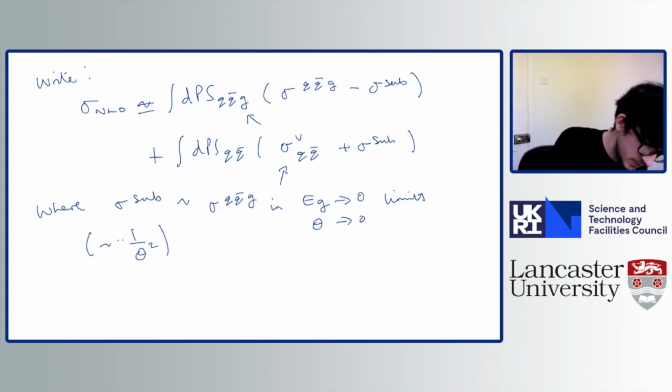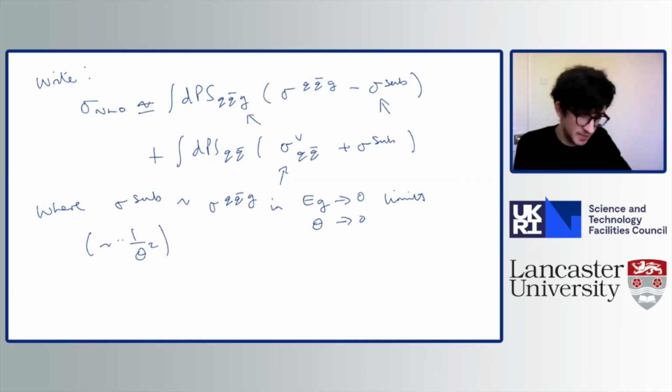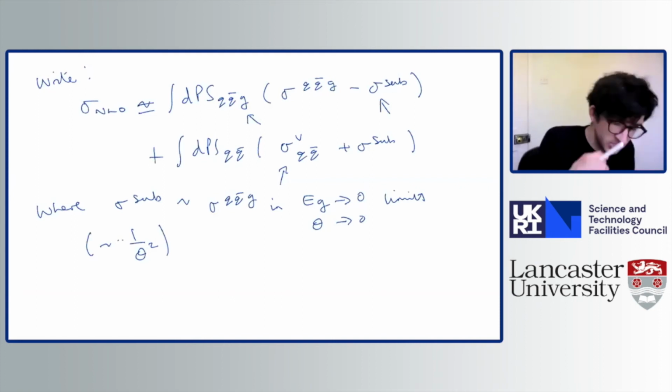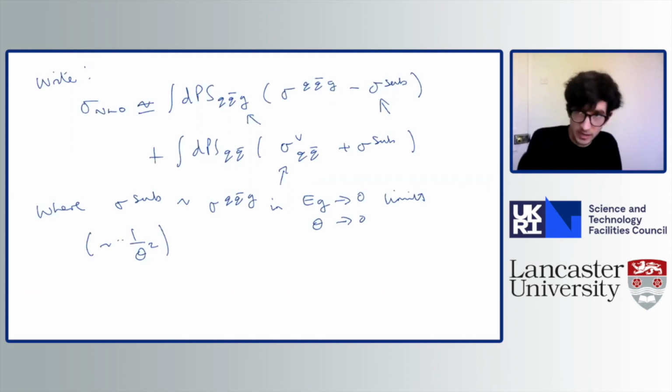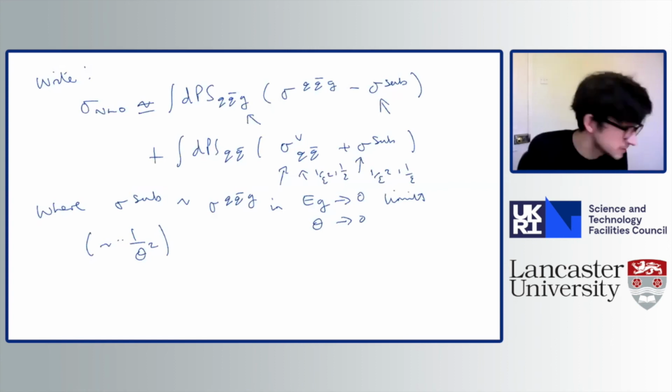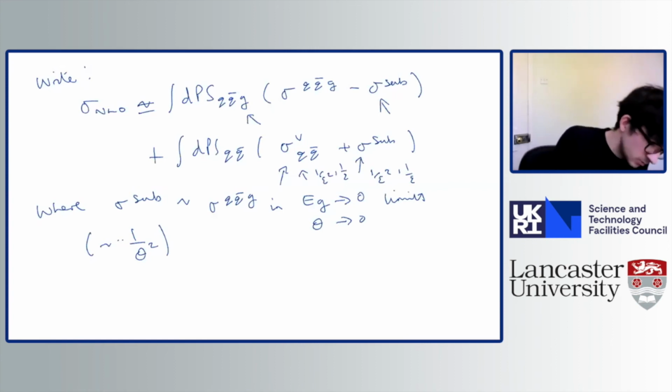And provided that's up there going like 1 over theta squared and exactly matching the theta squared blowing up of the first term, everything turns out to be finite, and you just do that numerically. But then also analytically, one can just integrate this thing in dimensional regularization and get something that looks like 1 over epsilon squared, 1 over epsilon, but of course exactly matching what you have there. So that thing as well then becomes finite. And so this is all solved.